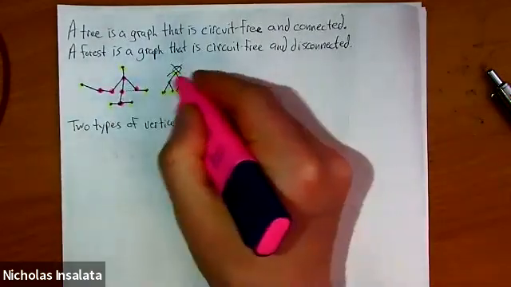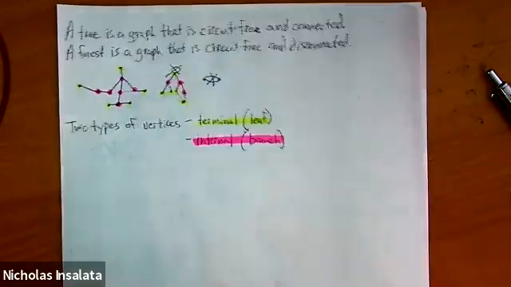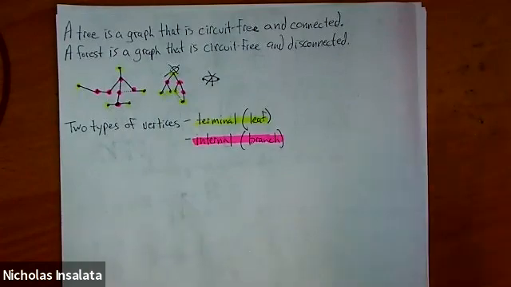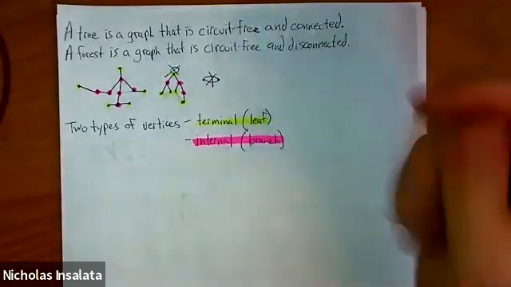How can you tell the difference? It's a really simple property you can use to distinguish those two different kinds. Good, the number of connections, or degree, that's exactly right. So the terminal vertices have degree 1.